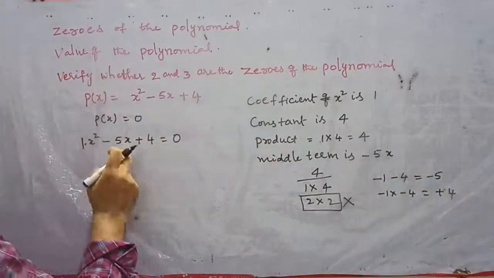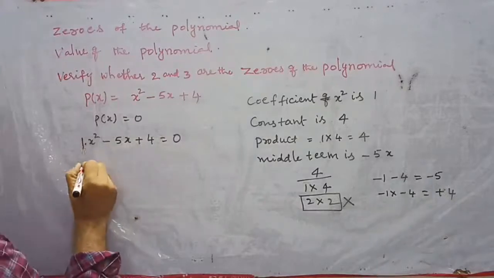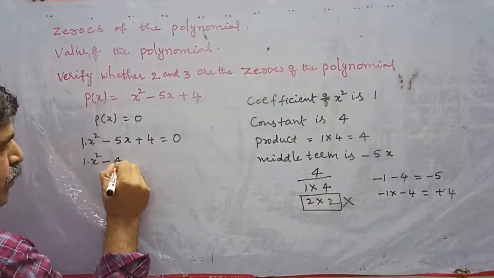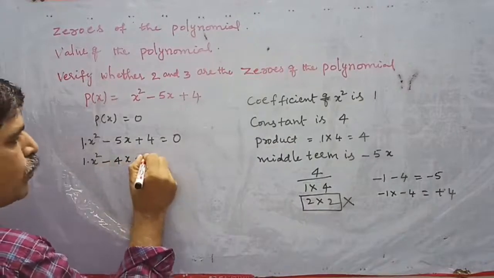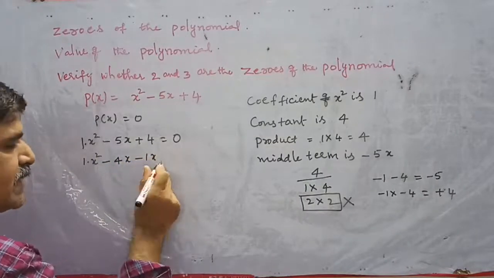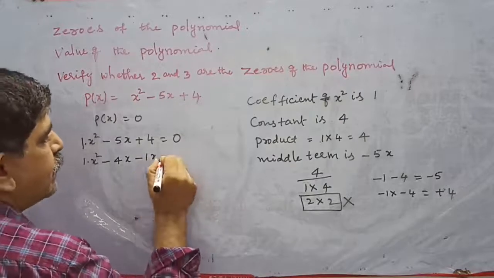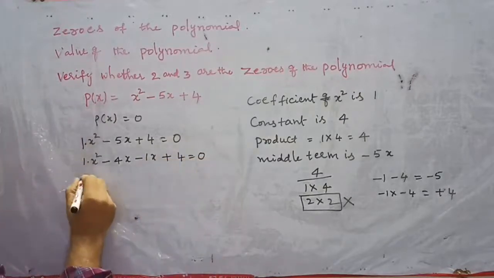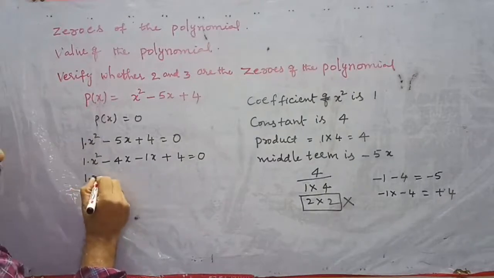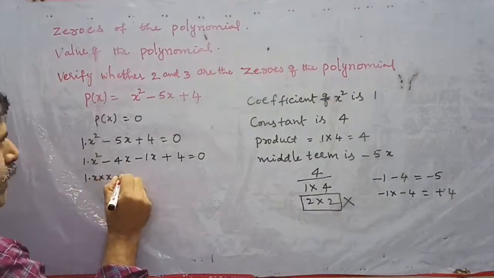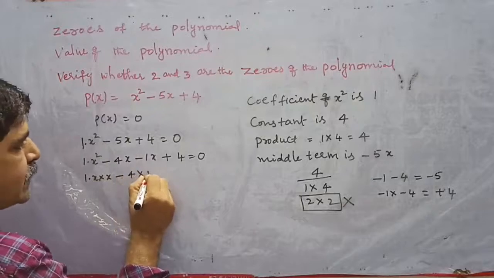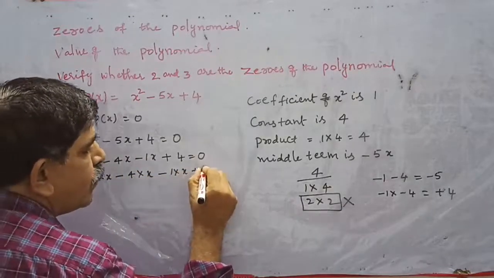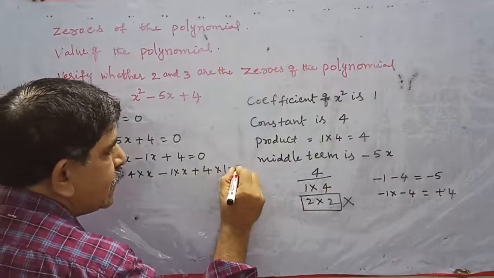So this can be written as x square minus 4x minus 1x plus 4 is equal to 0. Next this can be written as x into x minus 4 minus 1 into x minus 4 is equal to 0.